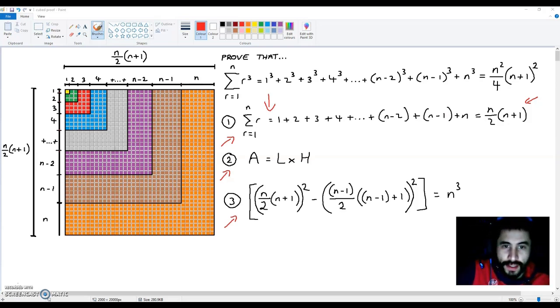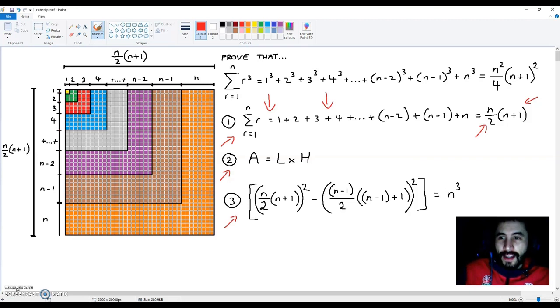It is also equal to 1 plus 2 plus 3 plus 4, etc. If you look at the diagram carefully, you'll notice this. So the length and height of the big square is equal to this formula, and that is the same as n over 2 multiplied by n plus 1.